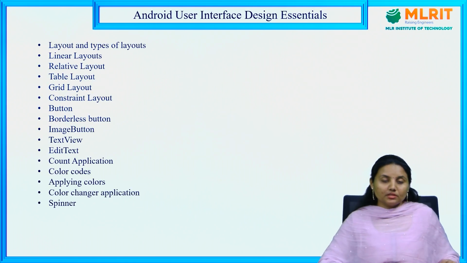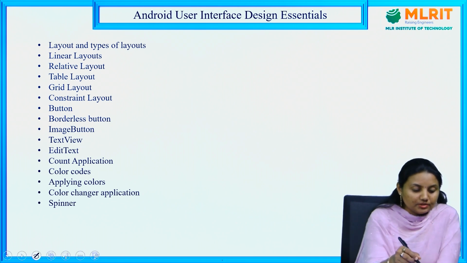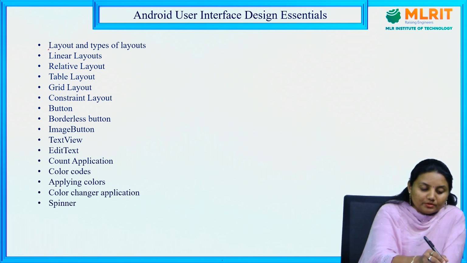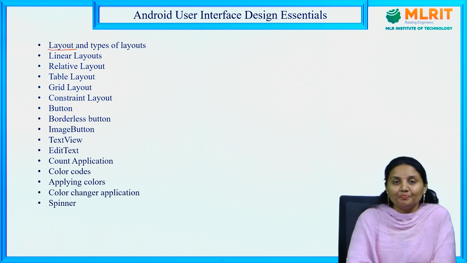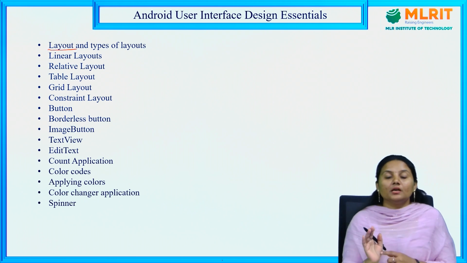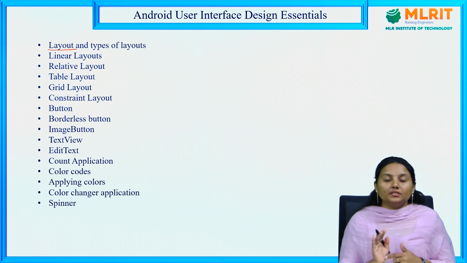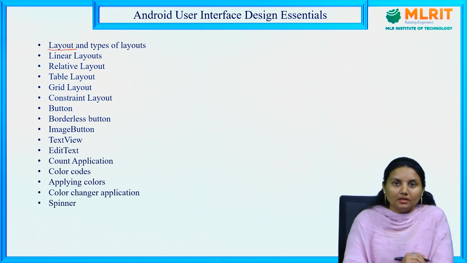In this, these are the topics we are about to cover in these sessions. Layouts and types of layouts. Layouts means, whenever you are developing any application, whatever the layout size you have, the size of your mobile, the complete mobile screen can be a simple layout.